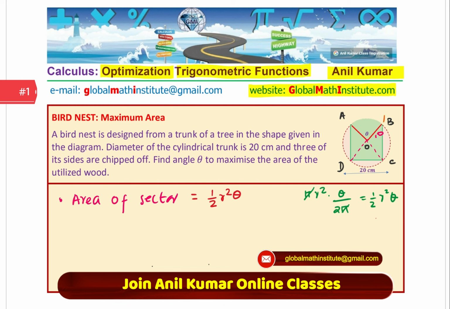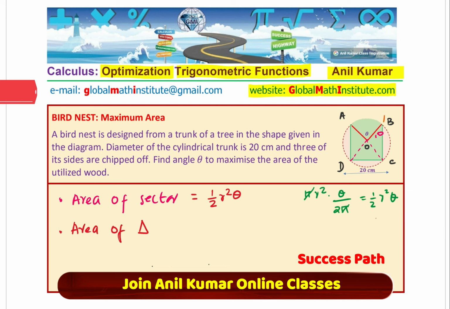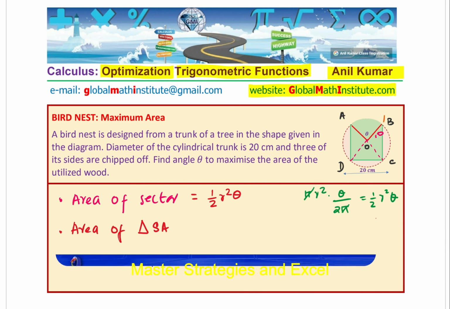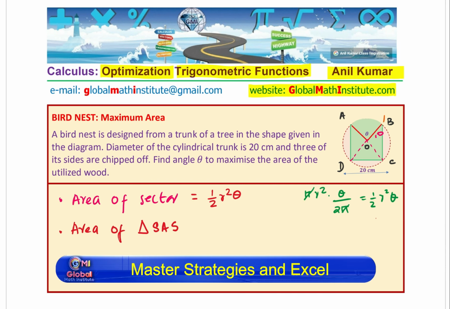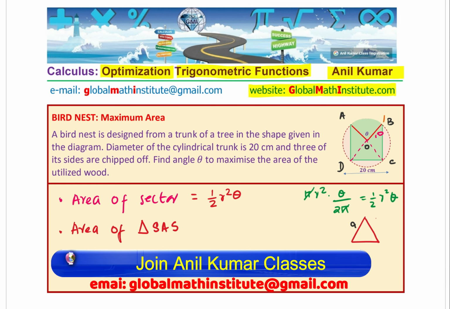Now what is the formula for area of triangle? Especially when you're given 2 sides and included angle. So if 2 sides and included angle are given to us, let us say we have the sides as A and B. In this case, both are same and the angle is theta.